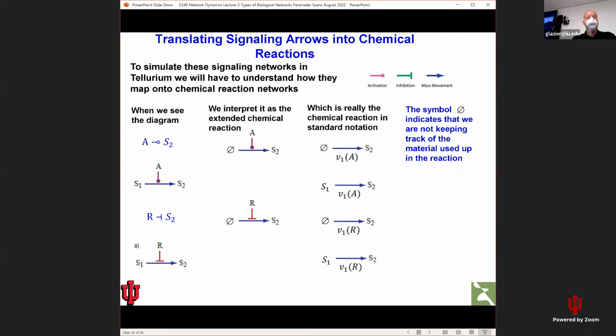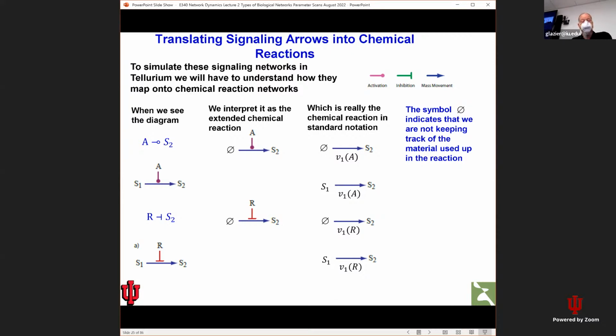If I don't care what S1 is, it's some set of chemicals that the cell just happens to have as substrates, then I can say nothing goes to S2. And that means that nothing goes to S2 as the chemical reaction, and the rate depends on the amount of A. And if nothing is going to S2, then the only thing that rate can depend on is A, because there isn't an S1 that can change the rate.